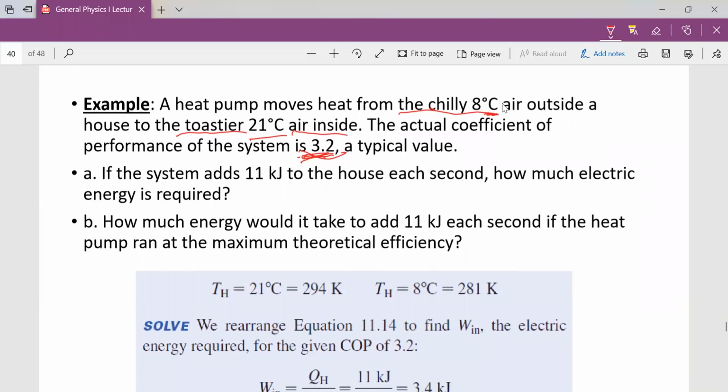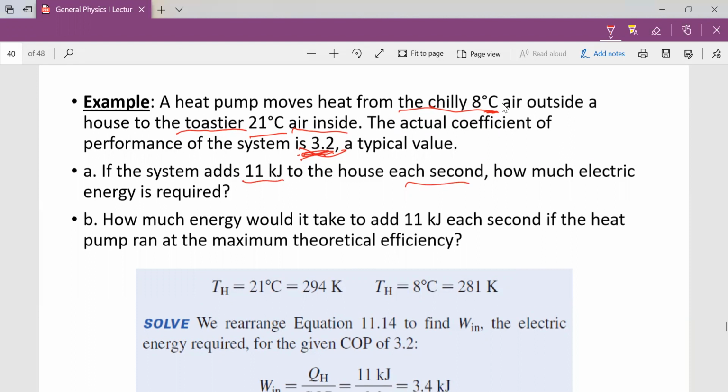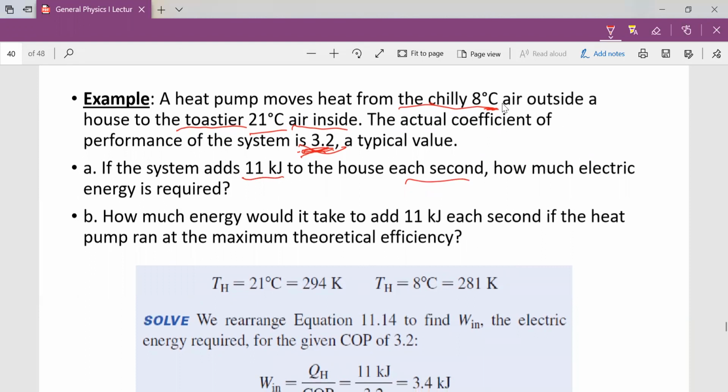So the first question is, if the system adds 11 kilojoules to the house each second, how much electric energy is required? Okay. Remember our equation, work in, work out. But first you have to read the question and understand: is it heating up or is it cooling?